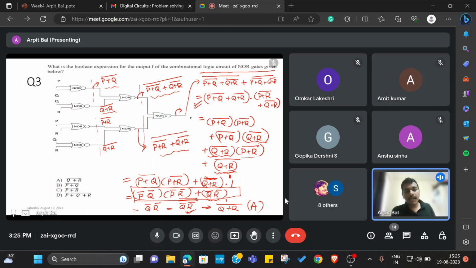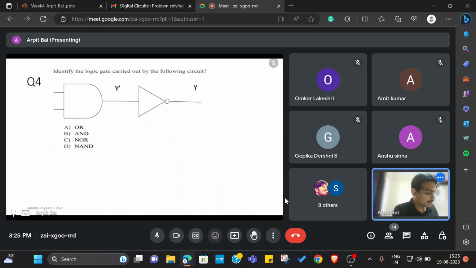Let us think, can there be an alternative to this lengthy equation? Let me show you another method. Just a minute.